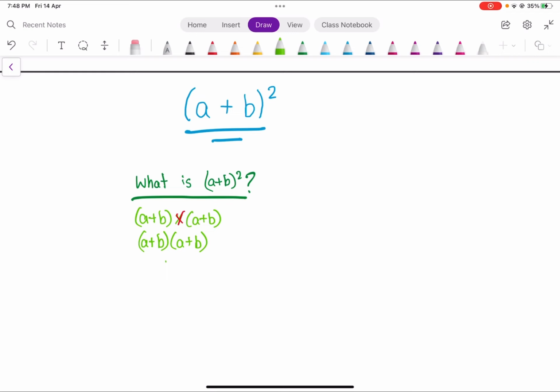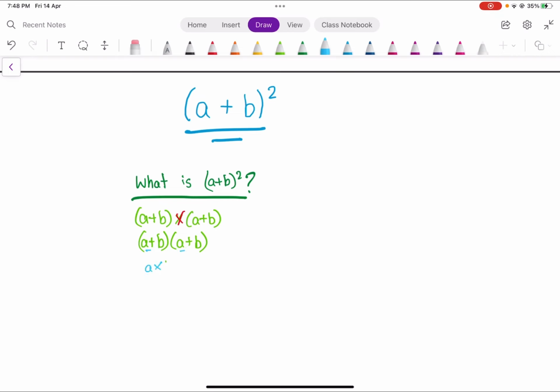So let's talk about the FOIL method. That is when you take the first digit or variable or number and you multiply it by all the digits or variables in the next bracket. So what is a times a?